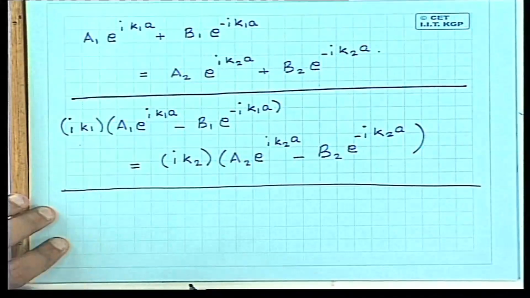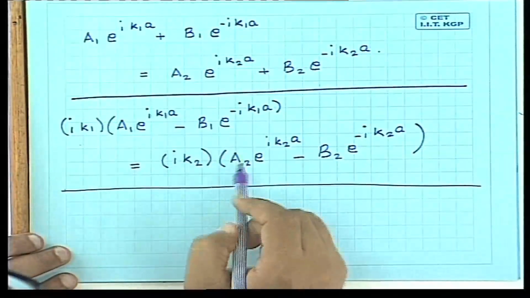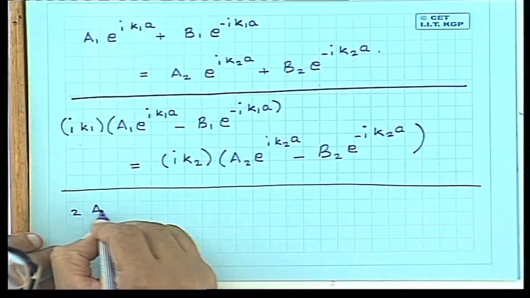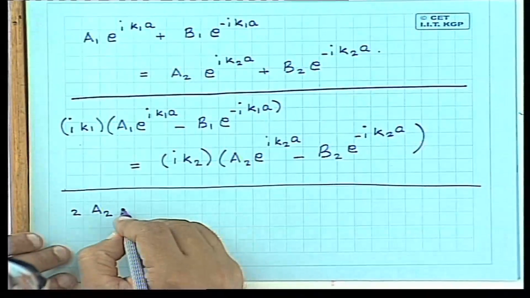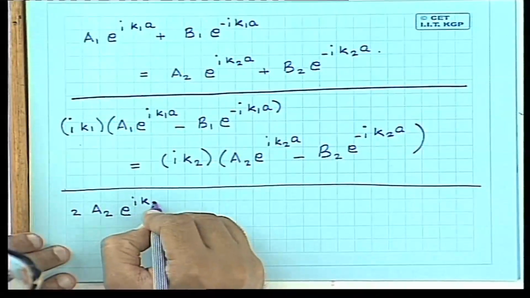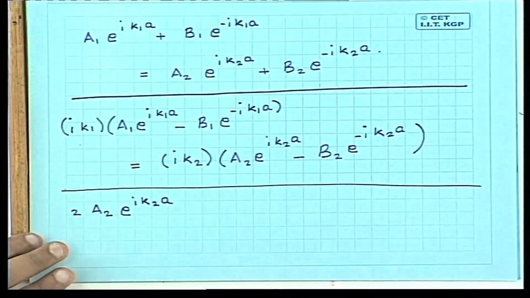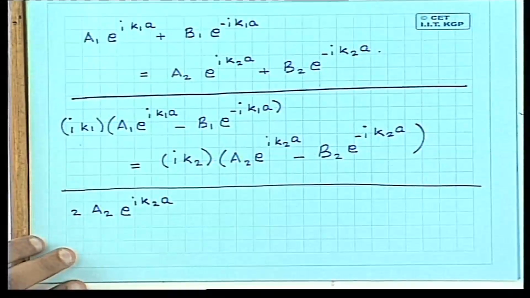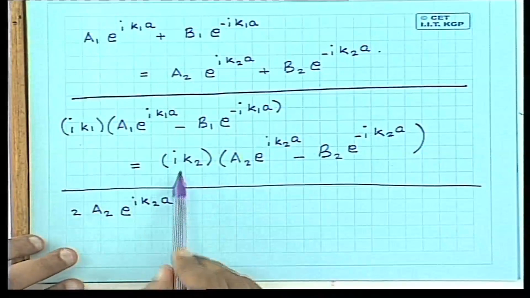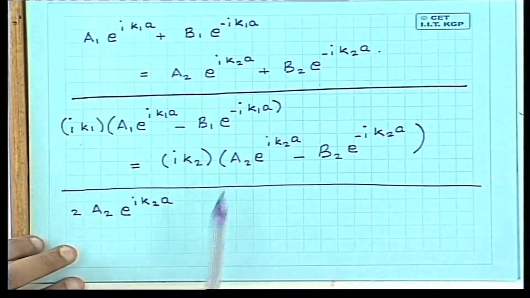The right hand side will give me 2 into A2 into e to the power i k2 a. I have divided this by i k2, so that has gone, and then I have added these two equations.